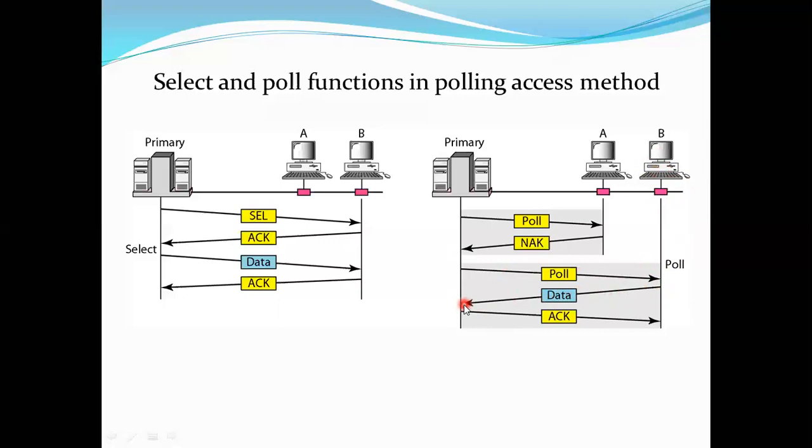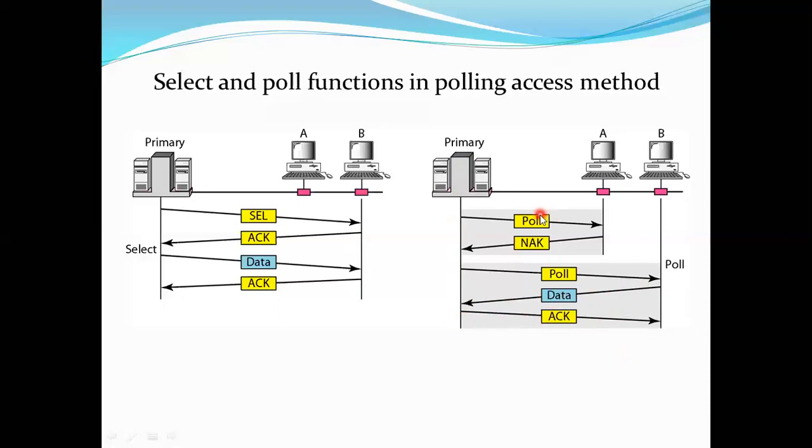Whenever the primary station receives the data, it should send an acknowledgement back to station B. If it receives the data successfully, then the primary station sends an ACK, a positive acknowledgement, to station B. That means the primary station has received the data successfully. This is the meaning of poll here.